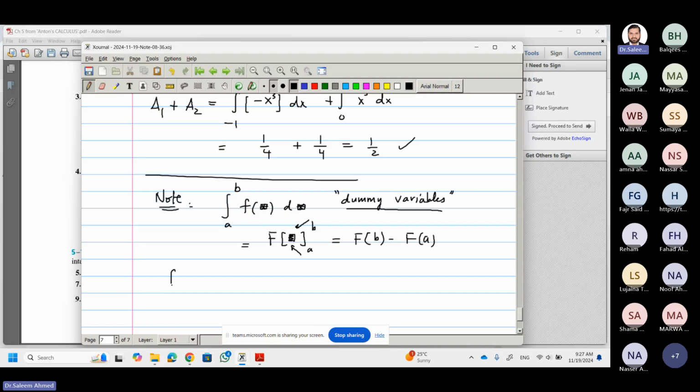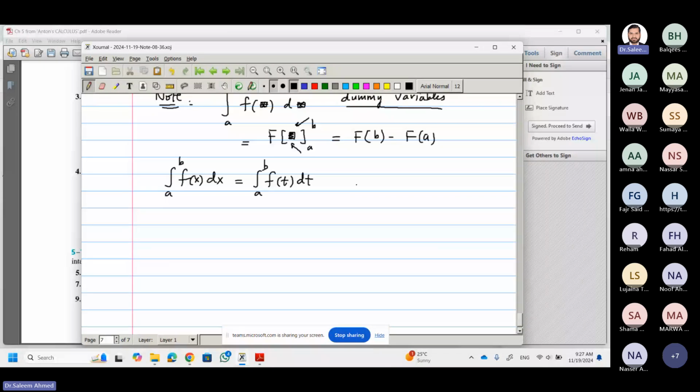It means if I write integral from a to b of f(x) dx, it is the same as from a to b of f(u) du or f(z) dz, maybe f(t) dt. No difference between that. If the limits are not given, then we cannot change the variable on our own. If the question is in x, the answer should be in x. Here, the answer is a constant. So even if you change the name of the variable, you can do that, no issues.